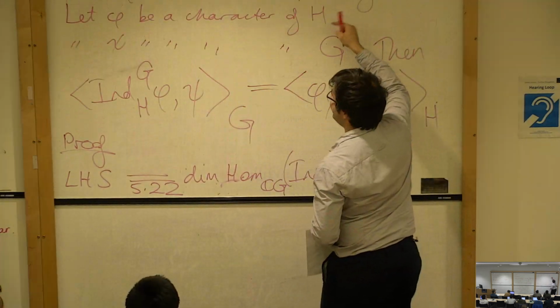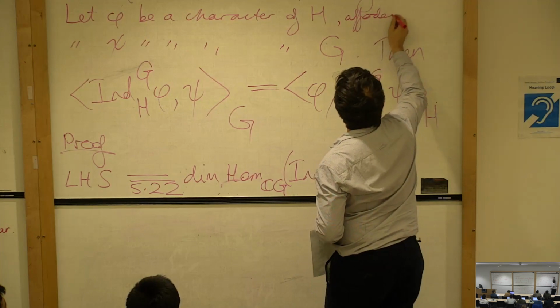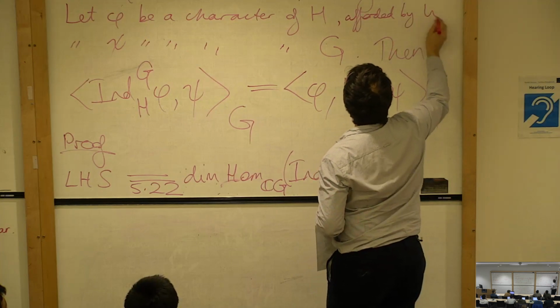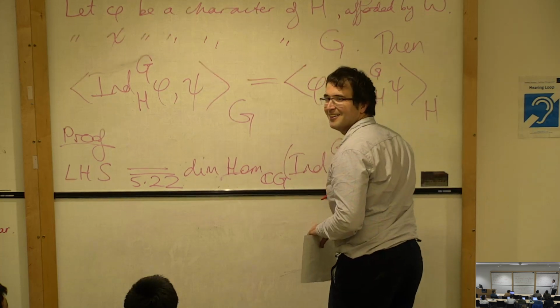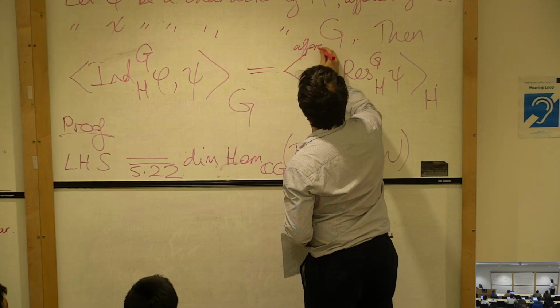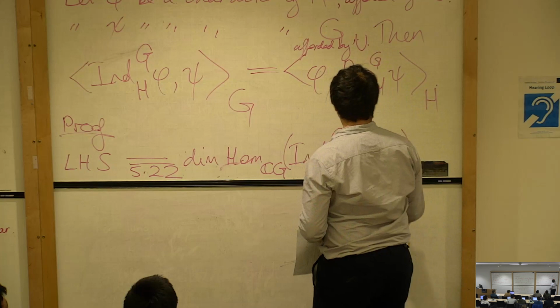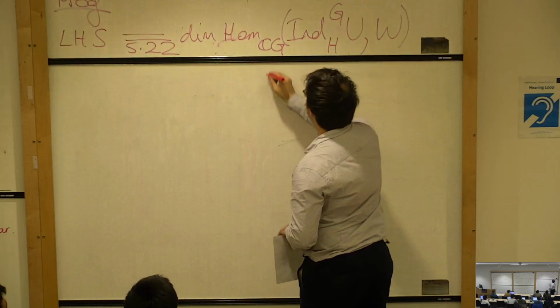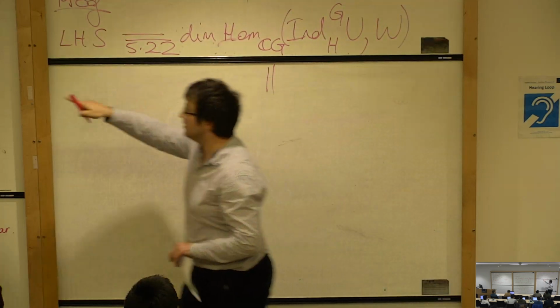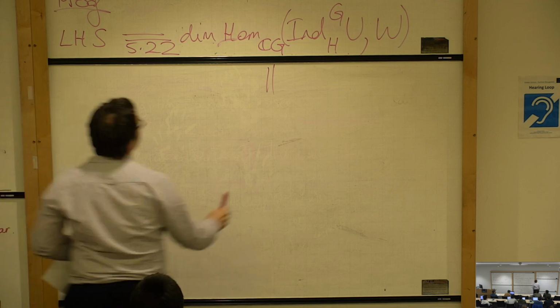Phi is afforded by W, lovely English word, afforded by W, you will not find it in other countries. By U. Okay, and then by this exercise in linear algebra, these two vector spaces have the same dimension.